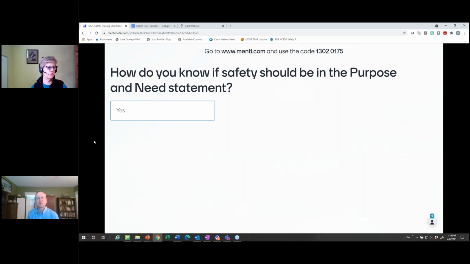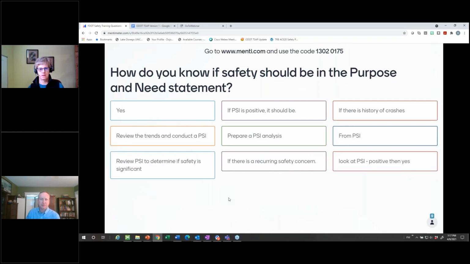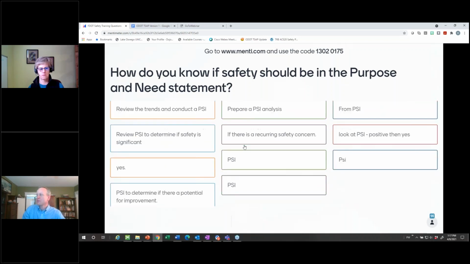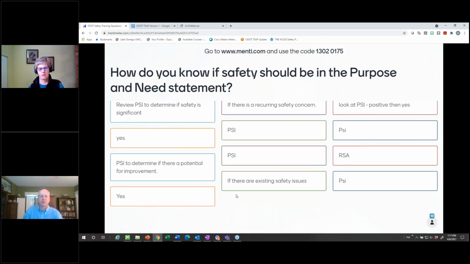So the next question is, how do you know if safety should be in the purpose and need? If the PSI is positive, right? A history of crashes, depending on the type. Review the trends and conduct a PSI. Recurring safety concern. A road safety audit is a good way.